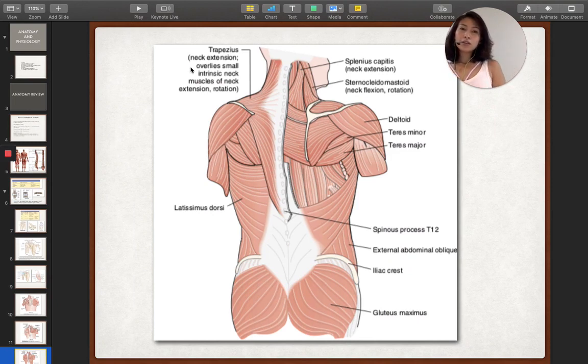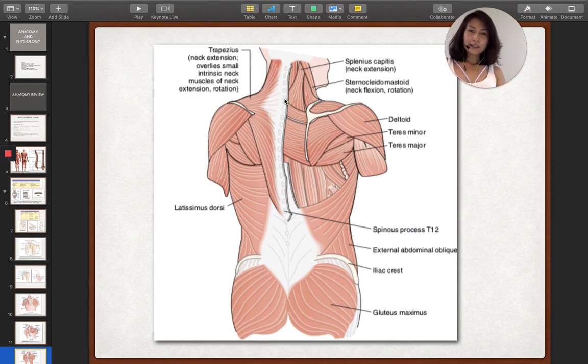So in order to help maintain a good posture in the upper body, we also should focus on strengthening the whole upper back muscles and especially the trapezius. Right. So along the spine lines, we have spinous process.